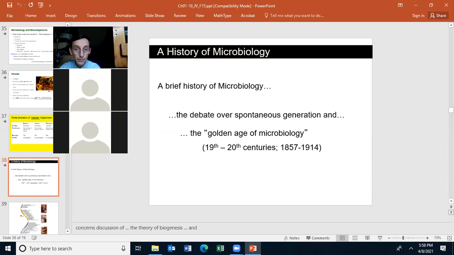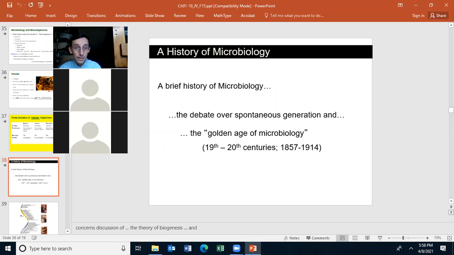The golden age of microbiology was a golden period because everything they looked at was something new, a new discovery. And that's kind of why it was called the golden age of microbiology.